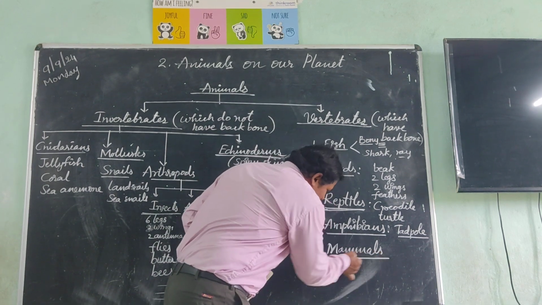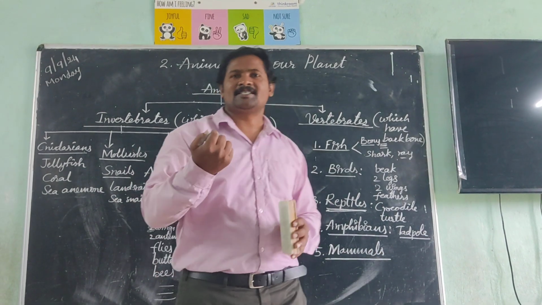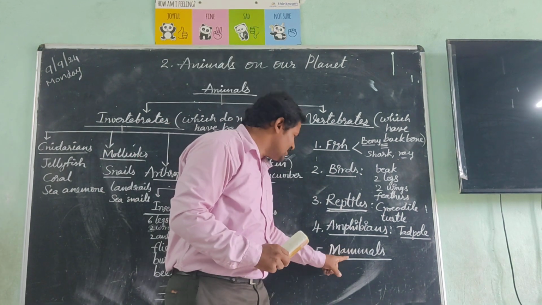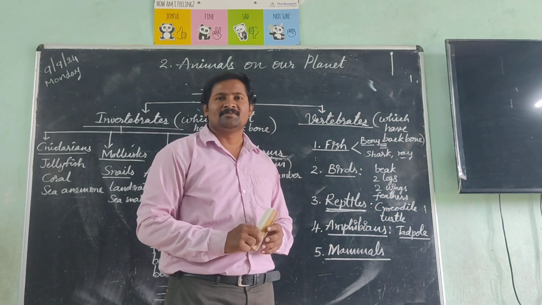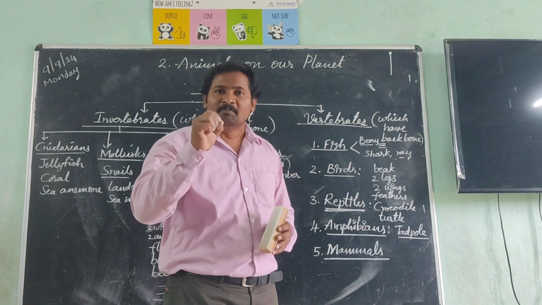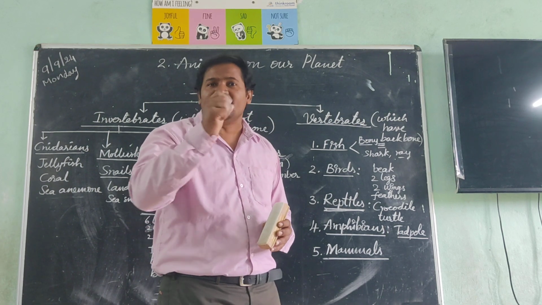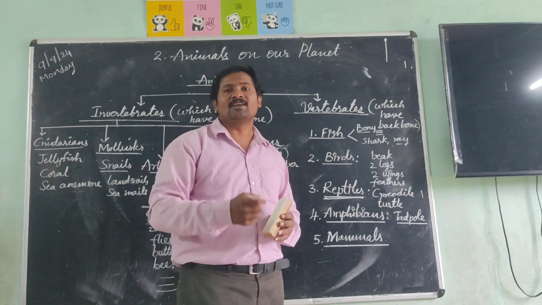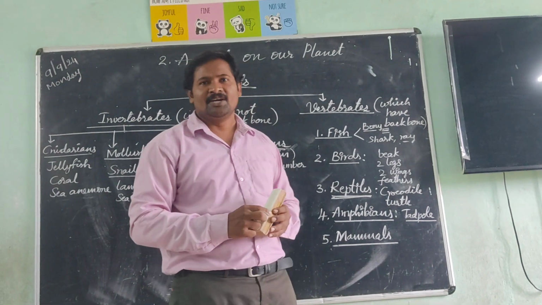Then what about these mammals? Yes, mammals. We humans are also included in mammals. Mammals give birth to babies and feed the babies with milk using the special organs called mammary glands.